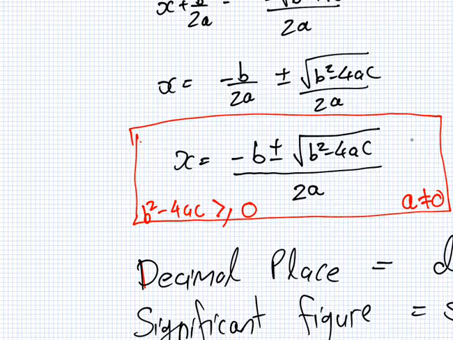So if the question said solve and they used the word exact in the question, so they want the exact answer, which one do you think that is? This or this? The second one. Yes. Now, I find this word in English can confuse students.